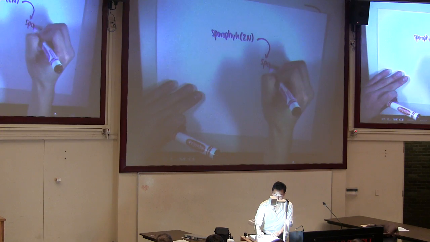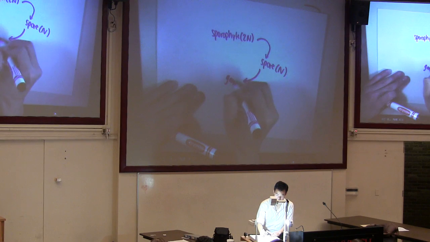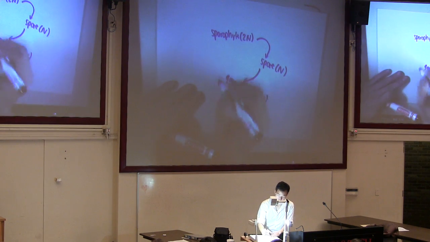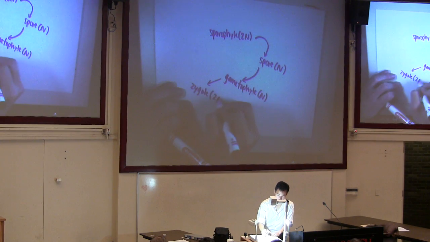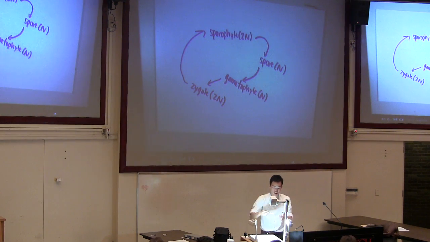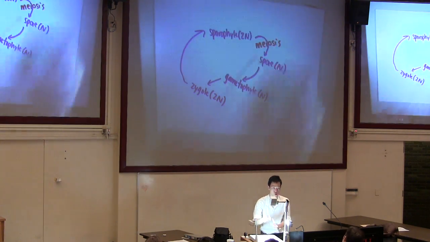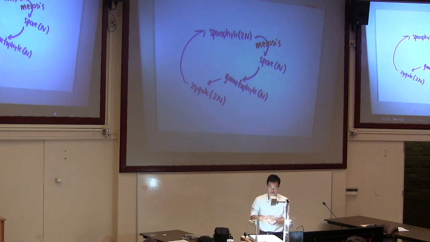Spore, which is N. Spore has to go to gametophyte, which is N. Then eventually you form the zygote, which is 2N, and the zygote develops into the sporophyte. It's the same thing, it just gets more complicated. The time you have meiosis is from sporophyte to spore. If you can remember this basic framework, you can figure out all of the life cycle. Okay.